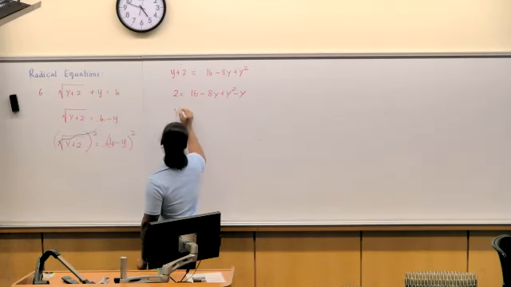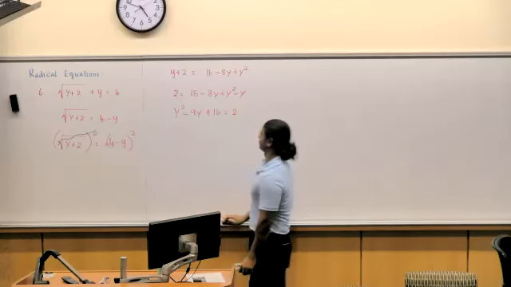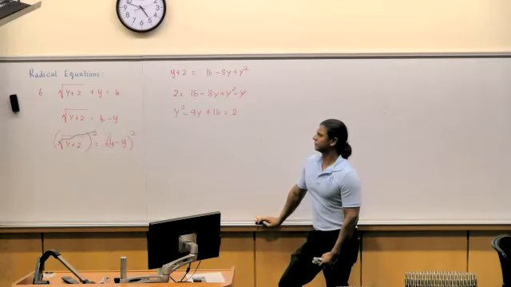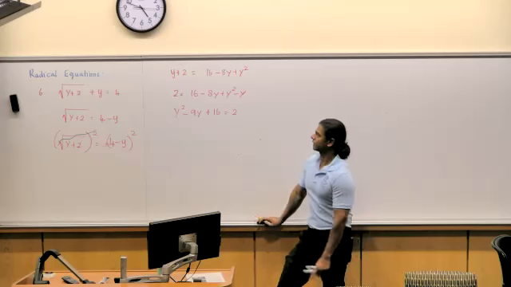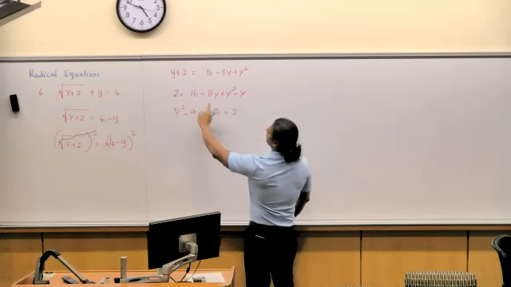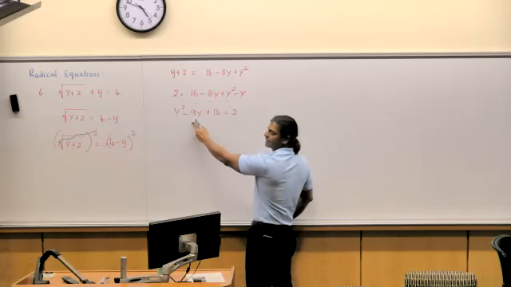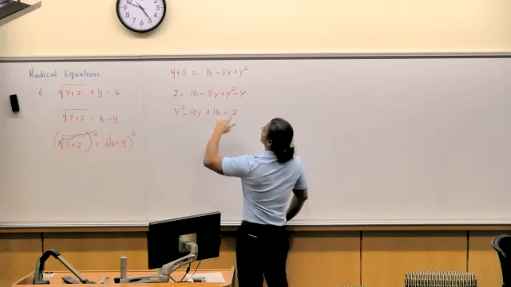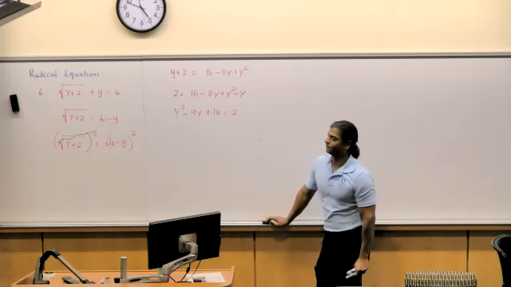We will have y squared minus 9y plus 16 equals 2. Negative 8y, negative y, negative 9y. 16, 2 on the other side.